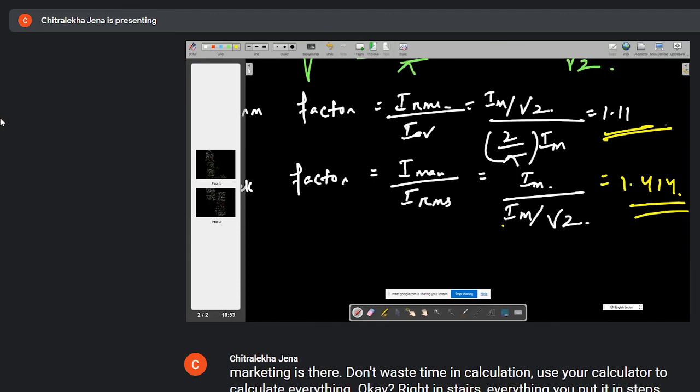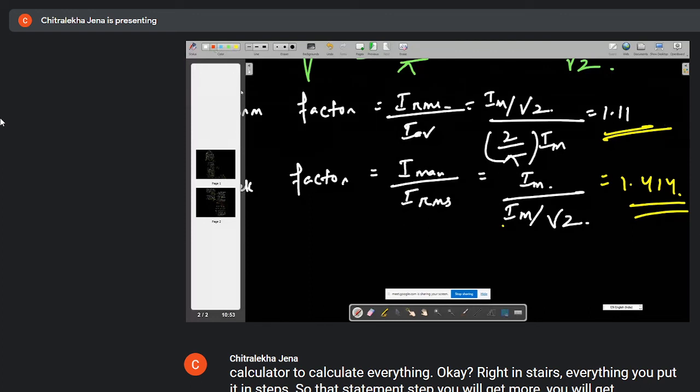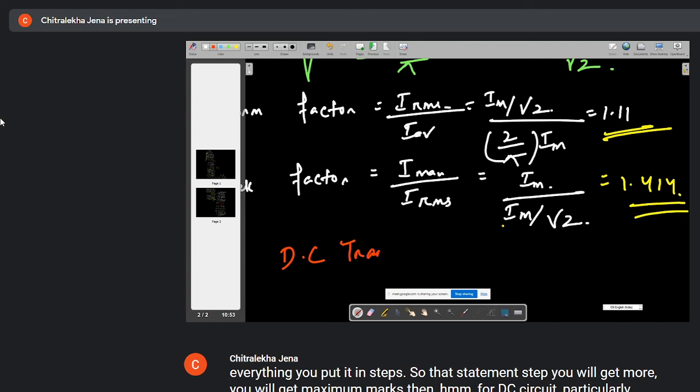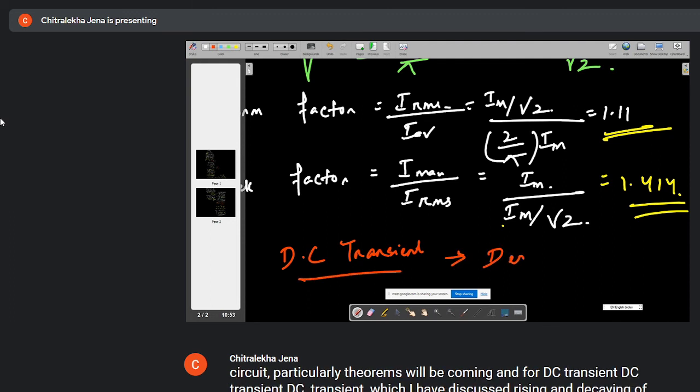Then for DC circuit particularly, theorems will be coming. And for DC transient, which I have discussed, rising and decaying of current in an inductor, then charging and discharging of capacitor, for that you may get derivation with problem.